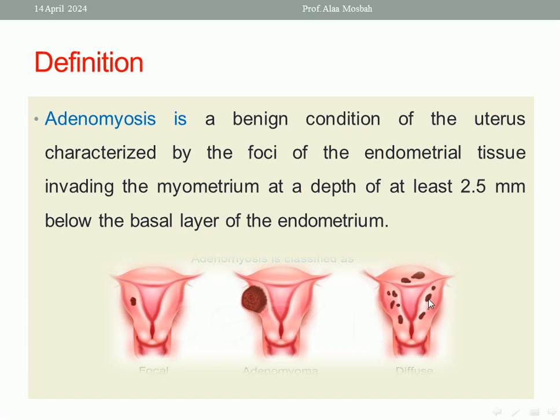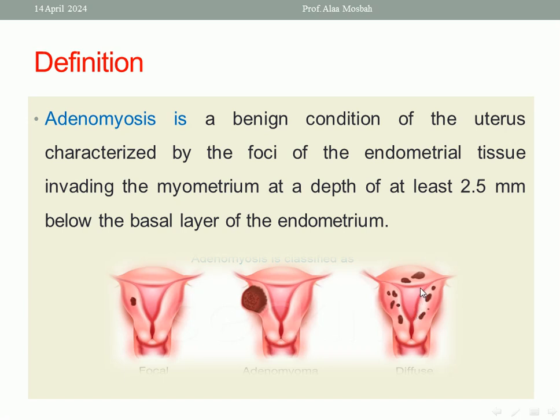The brownish color is the endometrium which invades the myometrium. Endometriotic foci are dispersed through the myometrium here. This is diffuse adenomyosis. This is the site of the endometrium. The normal site is in the uterine cavity here.